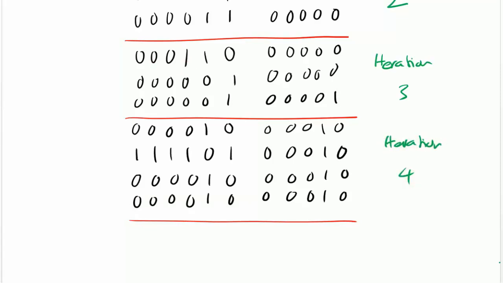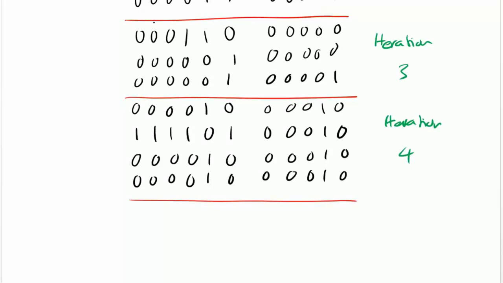Iteration 5, we shift first, we get a 4 in A and also a 4 in Q. 4 subtract with 5, you will get -1, which is all ones in 2's complement.